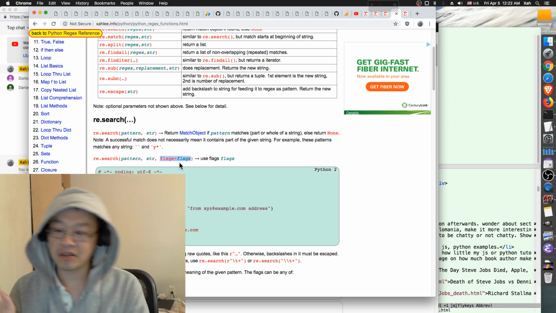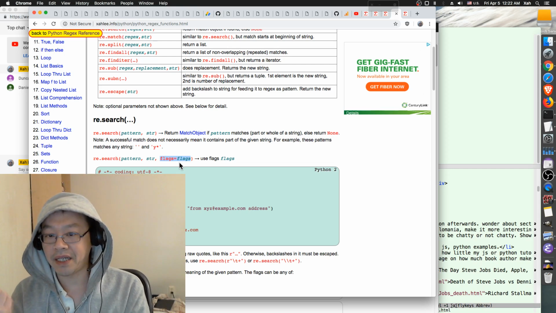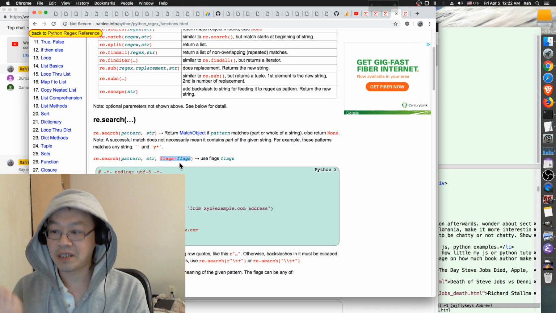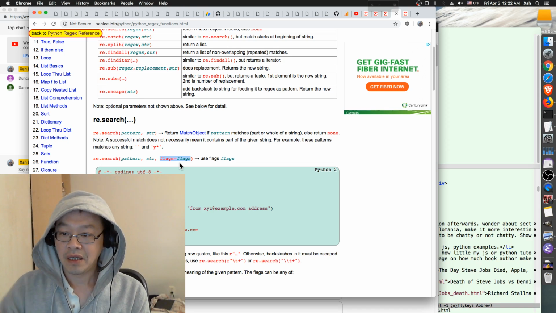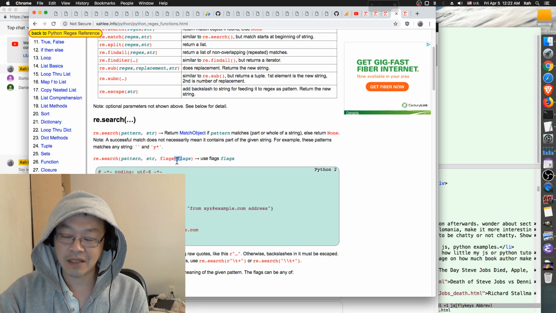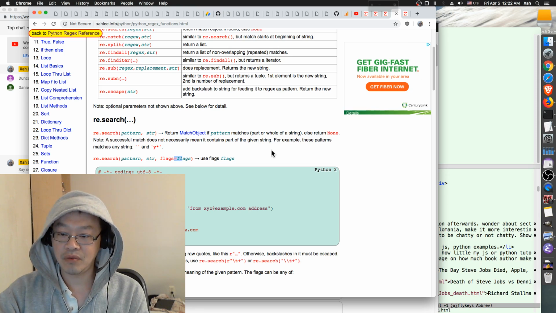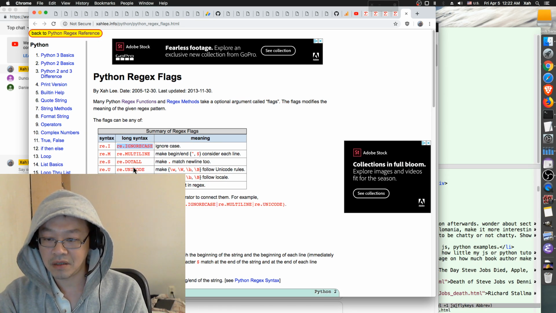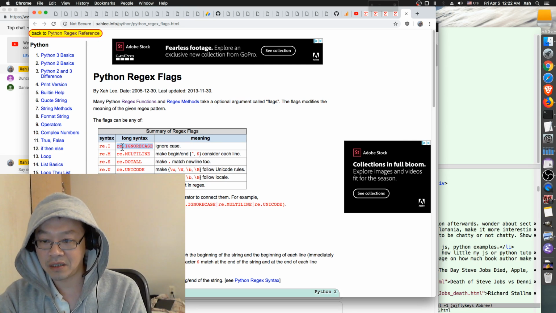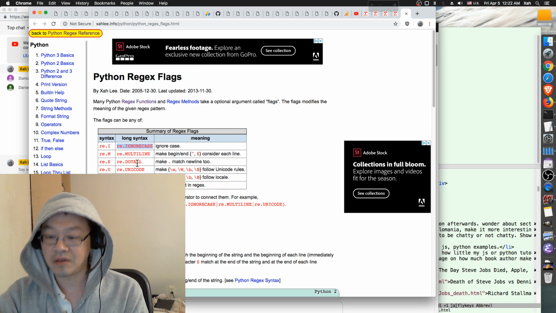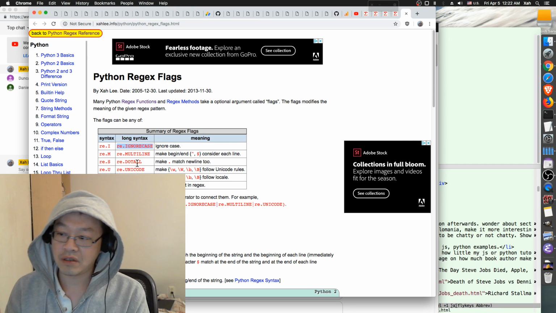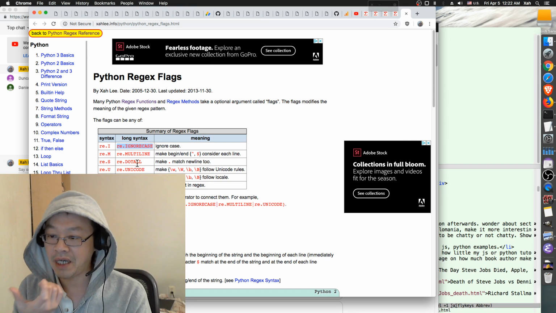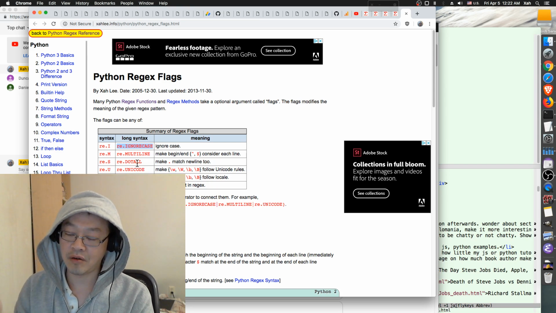Now, this third argument is actually just a byte, that is 1010 something. So how do these flags work? Basically, any of these regular expression options you are seeing here, like re.IGNORECASE, re.MULTILINE, re.DOTALL, each one of them is actually just a byte, like 8 bits of ones or zeros.